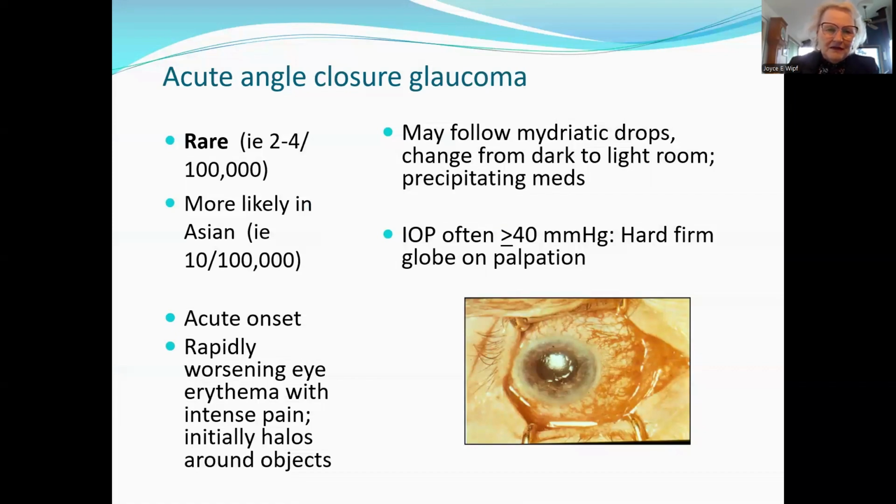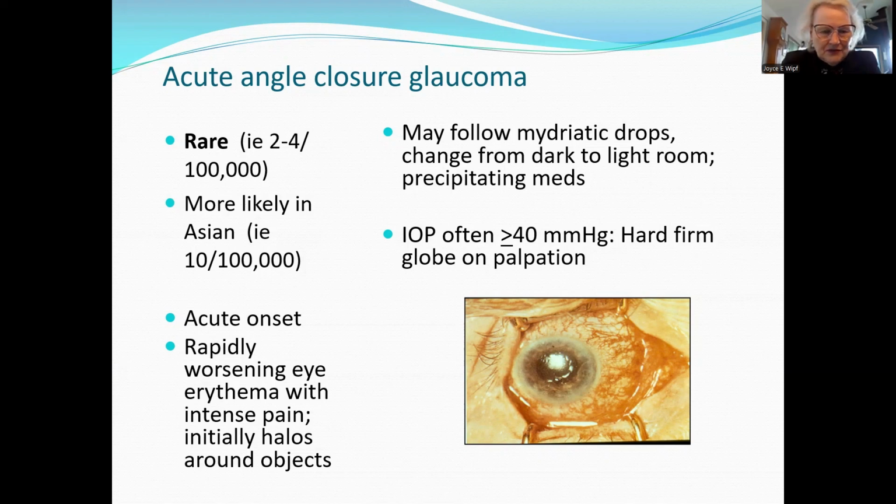Acute angle closure glaucoma is, of course, an emergency, and it's rare, 2 to 4 in 100,000. There's a slight increase in Asian individuals. It's still 10 out of 100,000, so you see how that's 3 times others. However, it's still unusual, but different from primary open angle glaucoma.